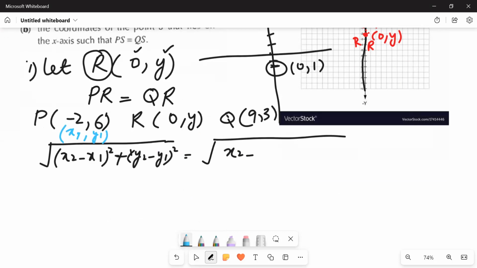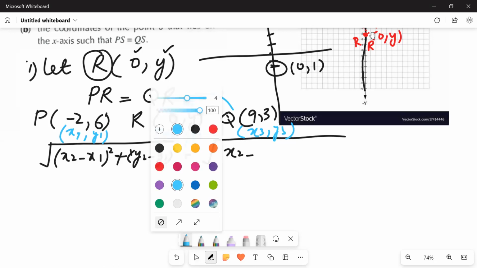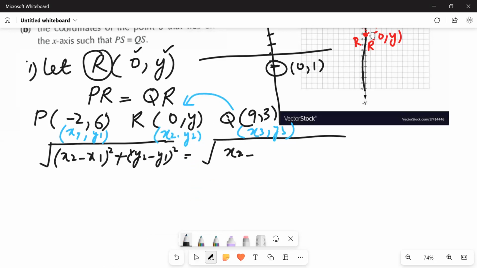This point is x2, y2. And this point I am taking as x3, y3. So if we are taking QR, then we have to write x3 minus x2 squared, because we are finding the distance between these two points Q and R, and y3 minus y2.